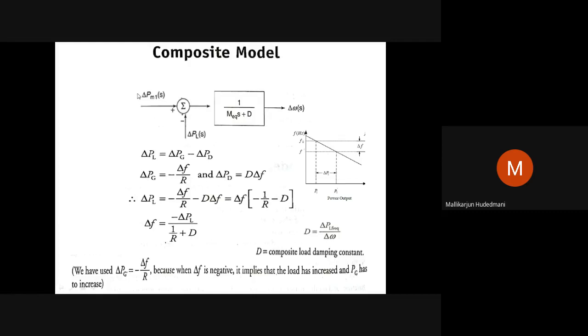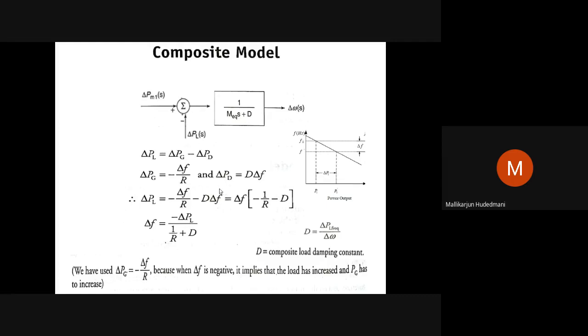Now, if I have multiple generators in a generating station supplying to the A area, can I have a D1, D2, D3? Definitely no. One area means D is unique to that area. R is R1 for generator 1, R2 for generator 2, like that. R is nothing but the droop nature associated with the governor mechanisms. It depends on types. But for an area, when I say a geographical area, D is constant.